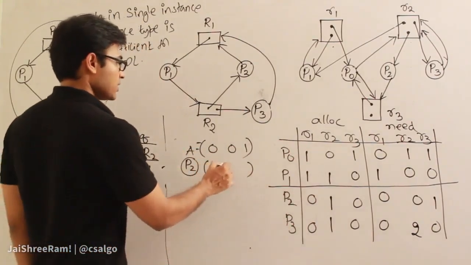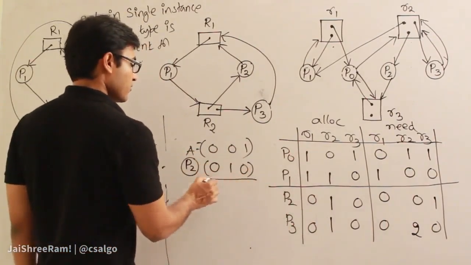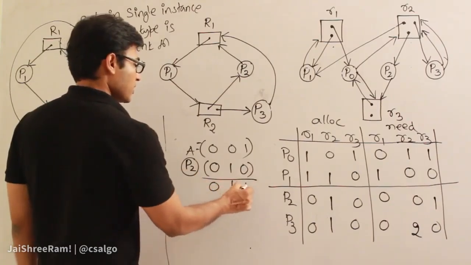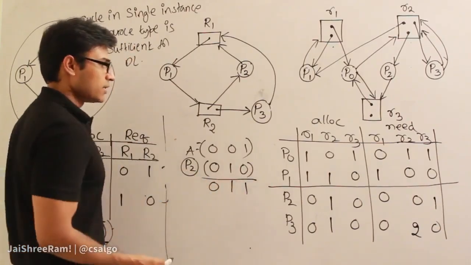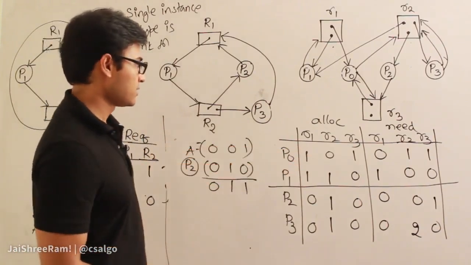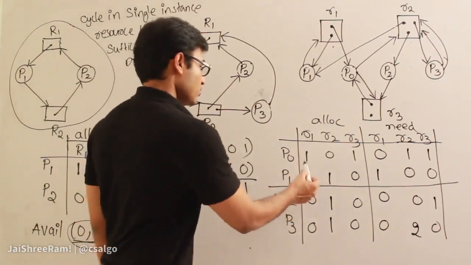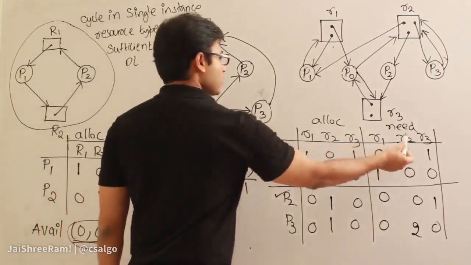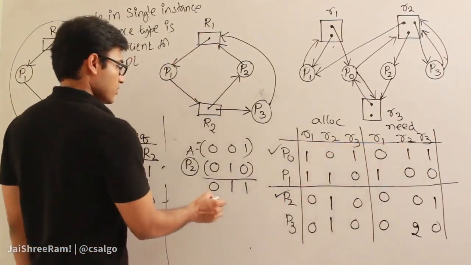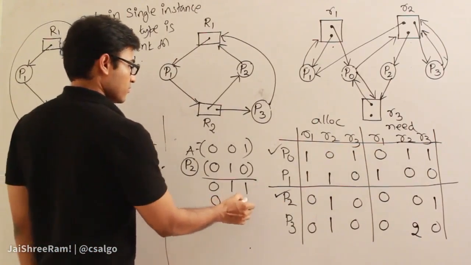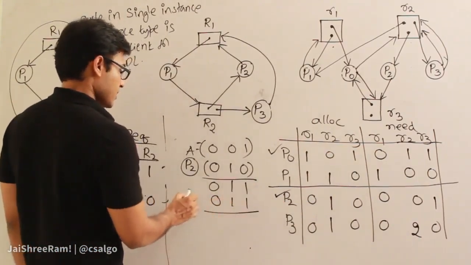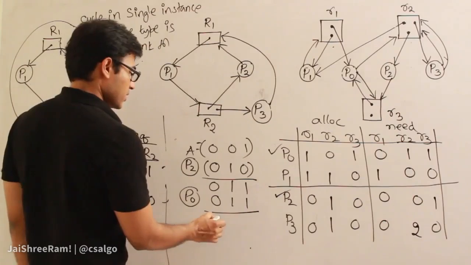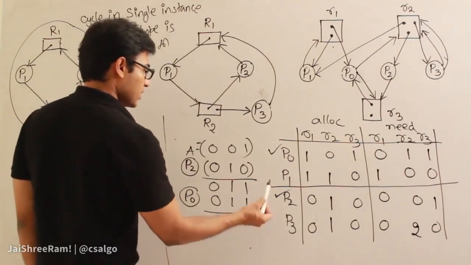Then what do you get? 0 1 1, right? And if this is available, can you satisfy any need? Yes. After satisfying P2, you can satisfy P0, because it requires only 0 1 1, right? So if P0 releases, then what do you get? 0 2 2, right? Yes.